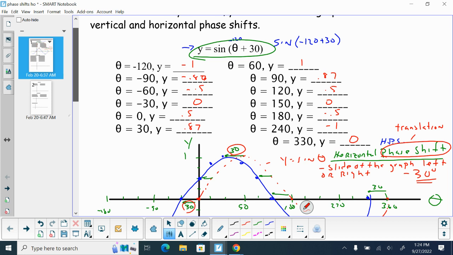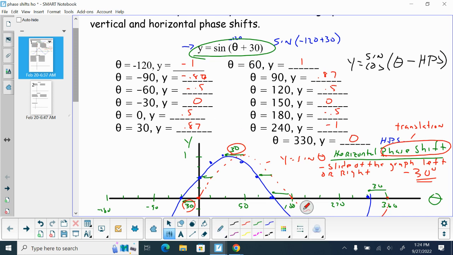But up here we have theta plus 30. So how we convert this into an equation that we can work with is we have y is equal to the sine or the cosine of theta minus this horizontal phase shift.